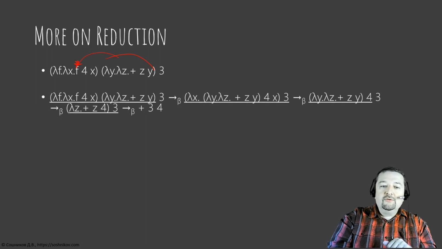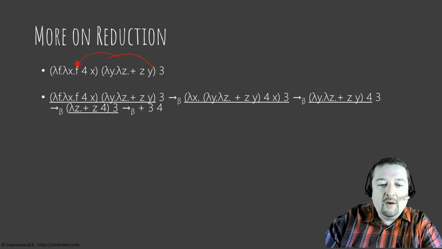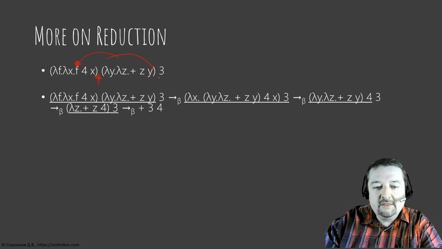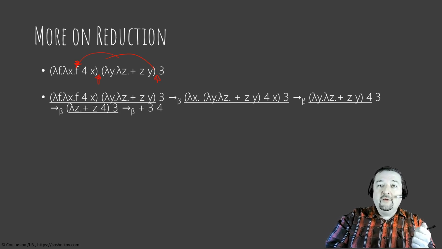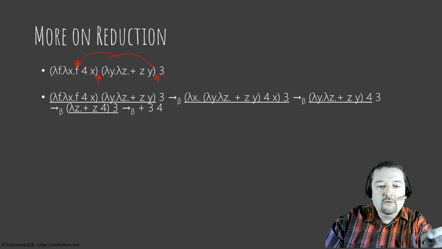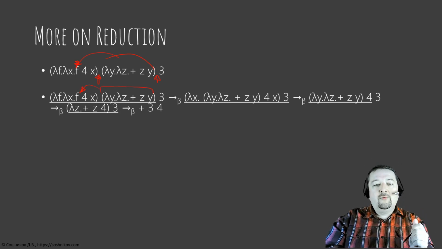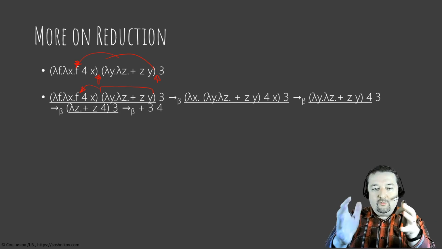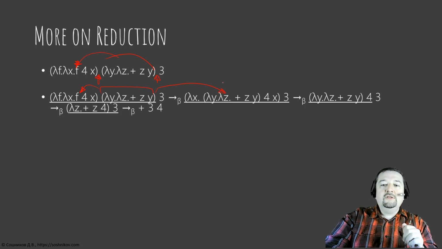And if I want to reduce it in the formal way, how would I do it? Well, I would notice that it consists of two applications. In particular, this is the first application and this is the second application. So I can start by taking the first application and doing beta reduction. To apply this application, I need to take this argument and put it here instead of f. So I would end up with this expression lambda x, and then I would have this as my f, and I would need to apply this to 4 and x and 3.